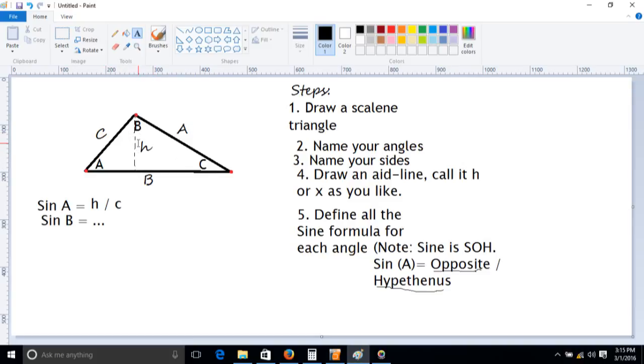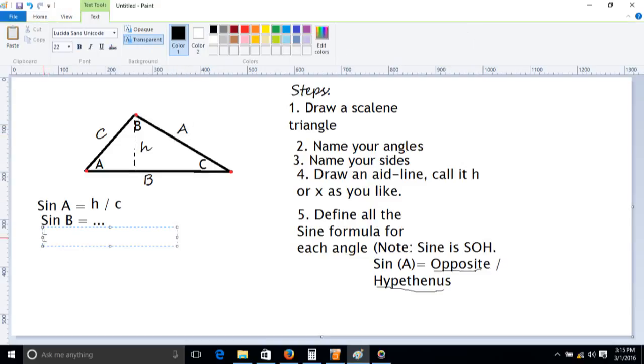We get H from the height line. So back to sine C: the opposite is H, and the hypotenuse of C is A. So sine C is equal to H over A.